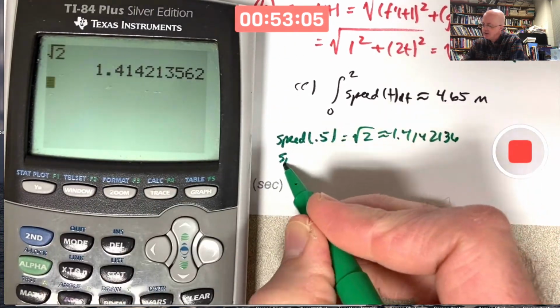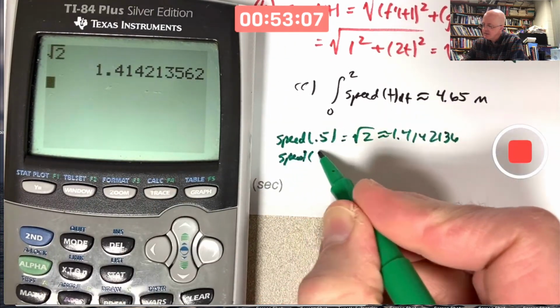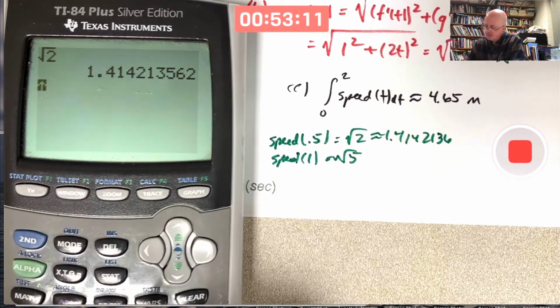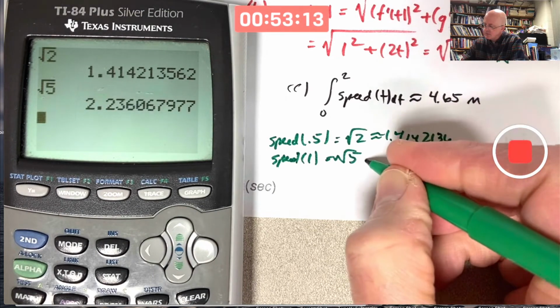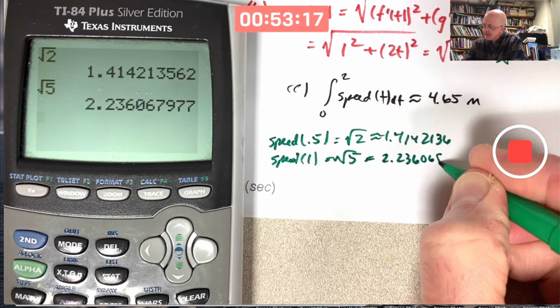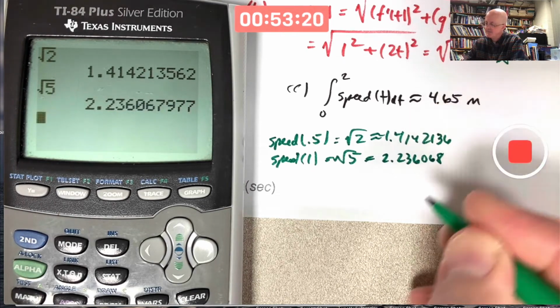Speed of 1, plug in 1 there, you get square root of 5, about 2.236068. These are in meters per second.